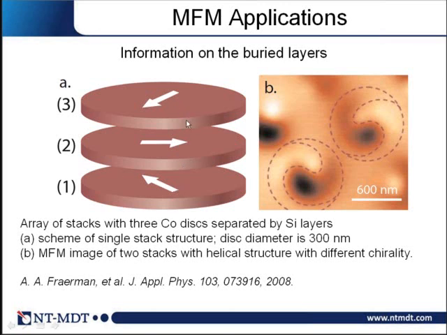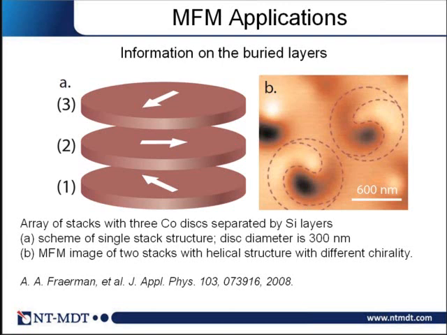You see here the stack consists of 3 layers, and depending on realization, the chirality of this stack can be either right or left. And this chirality is determined not by the top layer, but by the properties of both bottom layers. You can see on this image that it is easy to distinguish between right and left chirality, and in such a way you can determine the properties of the layers which are on the bottom.